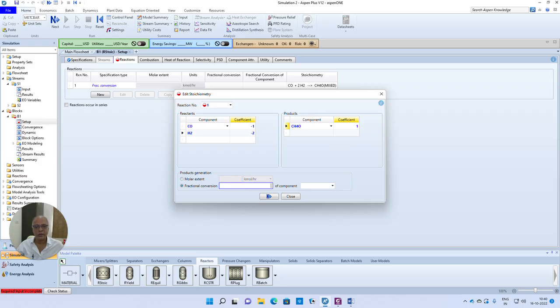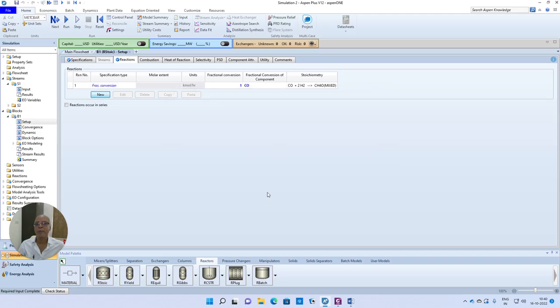Now what is the conversion? So if you are calculating the standard heat of reaction, the fractional conversion should be 100% or 1 with respect to any component. Let me select CO. Because they are in the stoichiometric ratio, if 100% conversion is happening with respect to CO, 100% hydrogen also will be converted. Next. Now you can see the required input is complete. We should be in a position to run the problem.